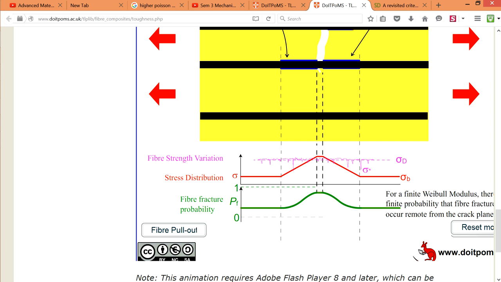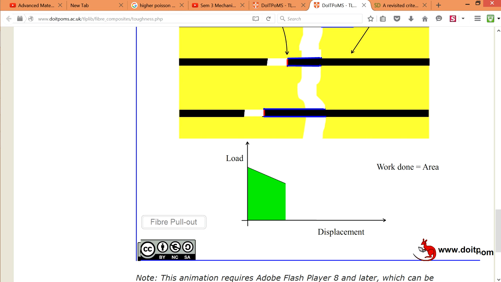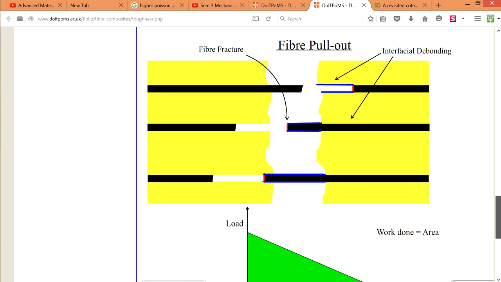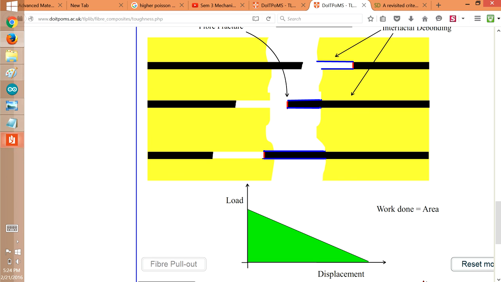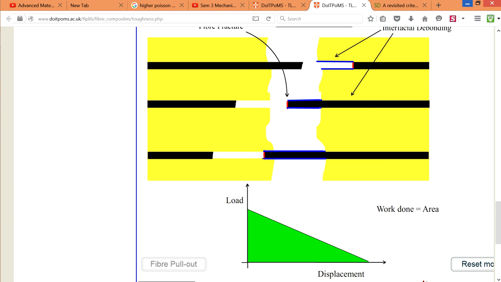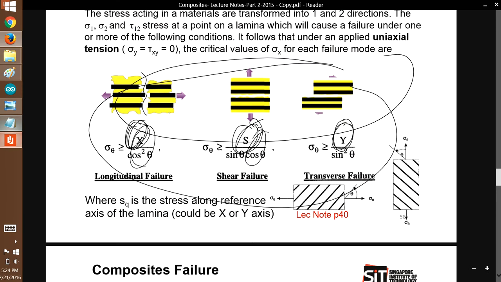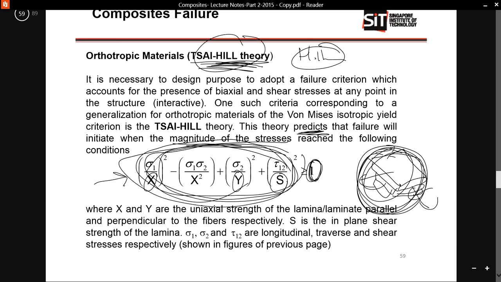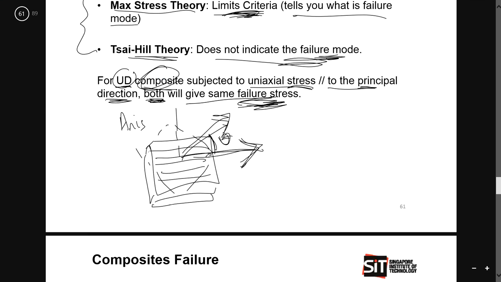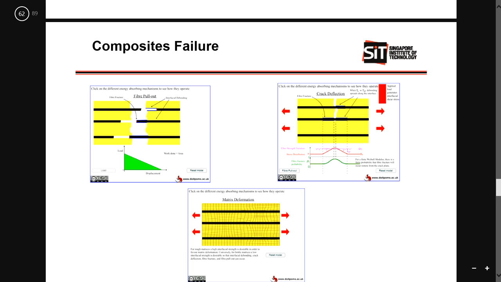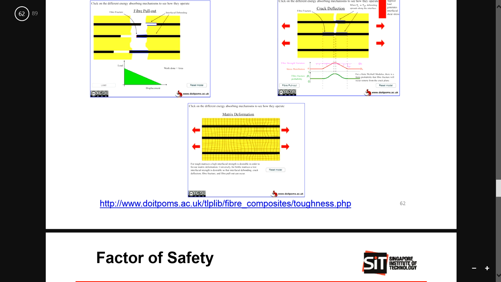If you go to fiber pull out, you'll start to pull the fiber out, and as you can see, the whole thing will break. So this is how composite failure initiates all along. It's really a very big topic. This is what I click, and eventually you'll get there.